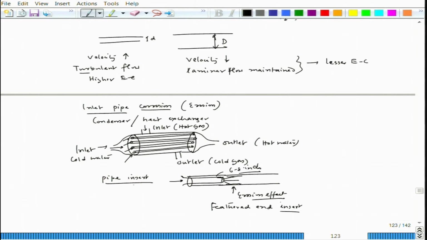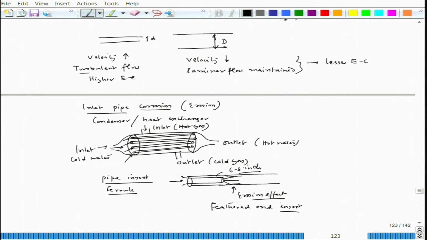So, this is the pipe insert, or we call it ferrule. This is a particular design aspect one can think of. So, what is the advantage? The advantage is that the main tube end, one end is here, another end is here, if you consider the inlet end, will not get any erosion corrosion.